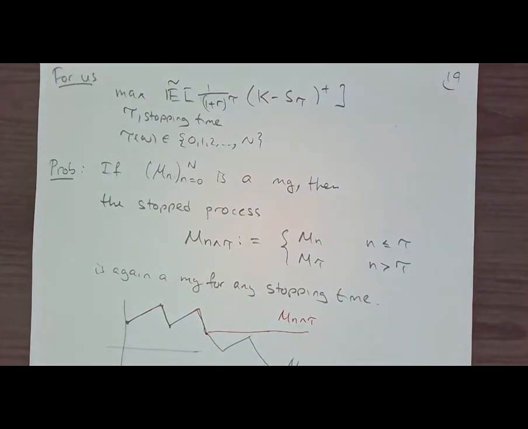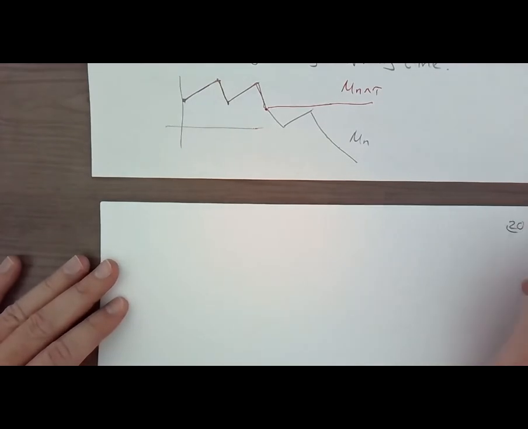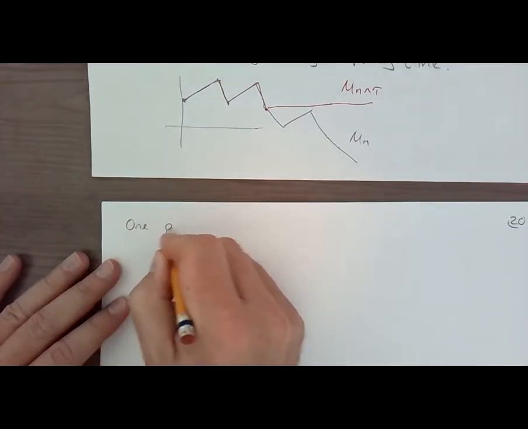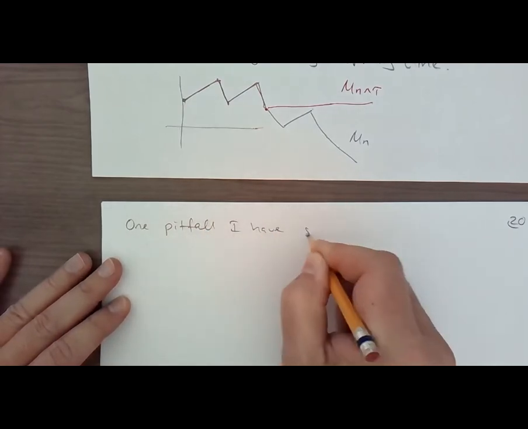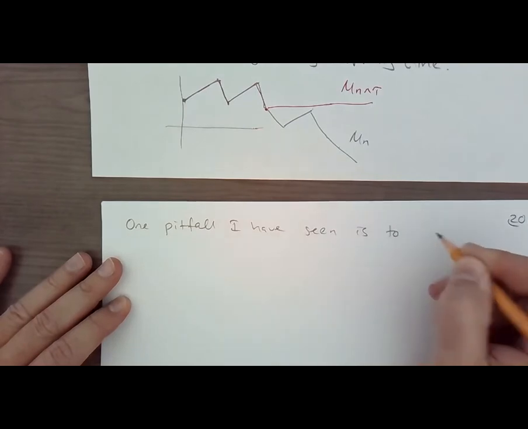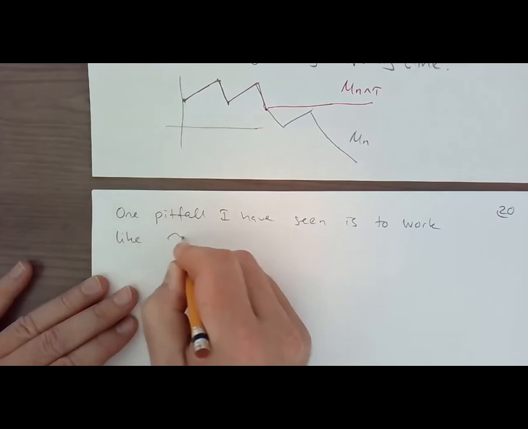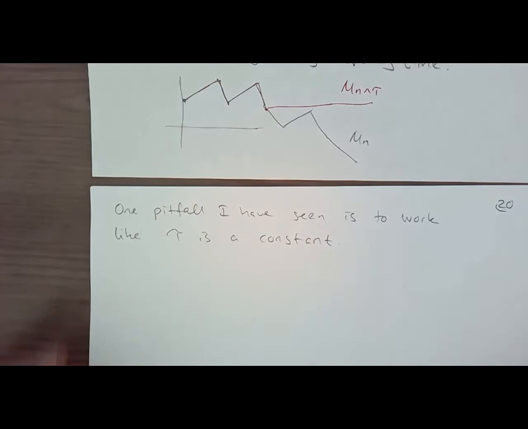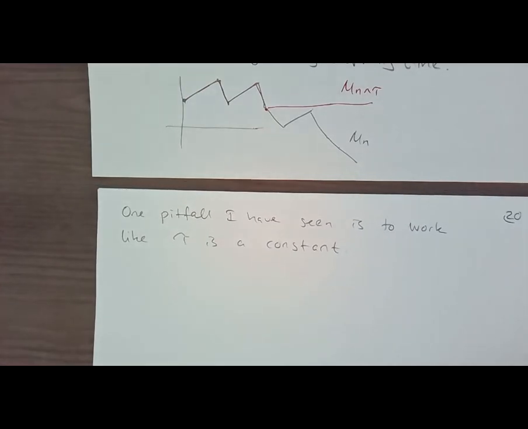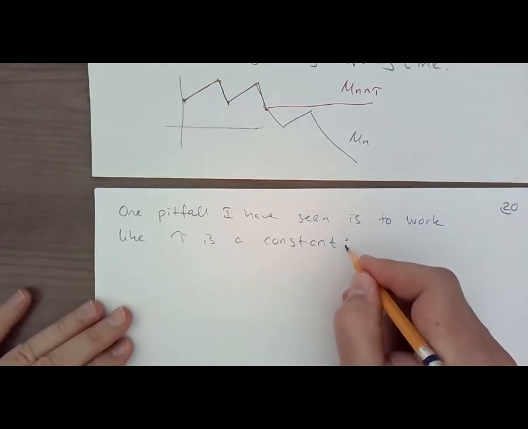Just one pitfall that I have seen is to work like tau is a constant, and that's just not true. So this is not a good idea.